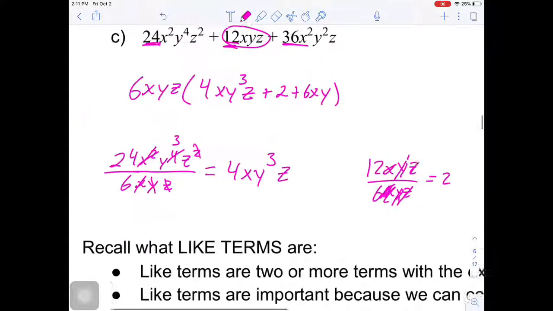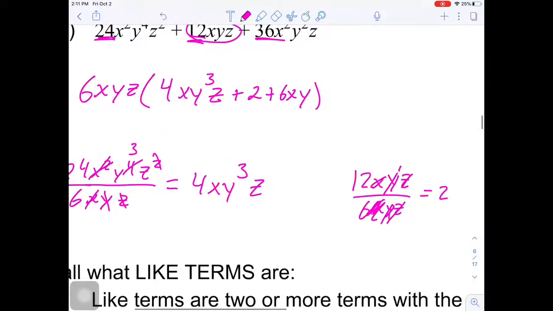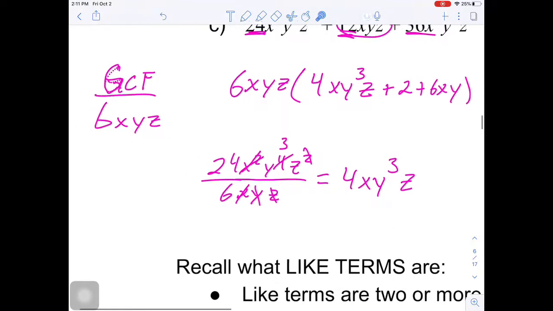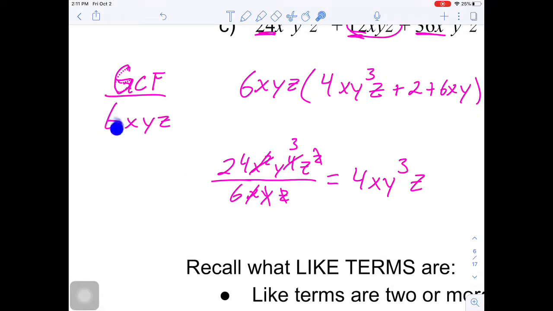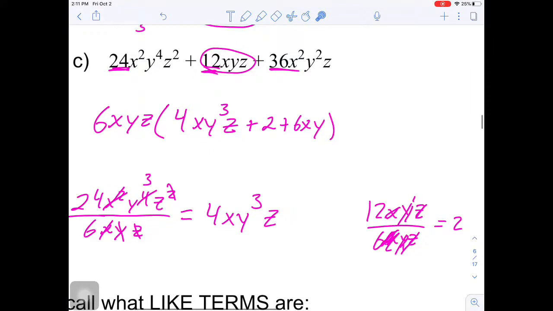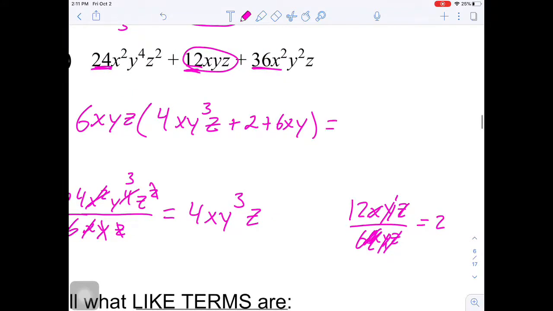Now, sometimes you might not get it right off the dot. Recognize that I still have the ability to take out 2 here. So I messed up and didn't get my greatest common factor totally. I could make even a bigger number, but that's okay. You don't have to restart. You can just notice, hey, I can take out 2 from all of these numbers. So my first thing I took out is still there, and then I'm going to take out a 2.